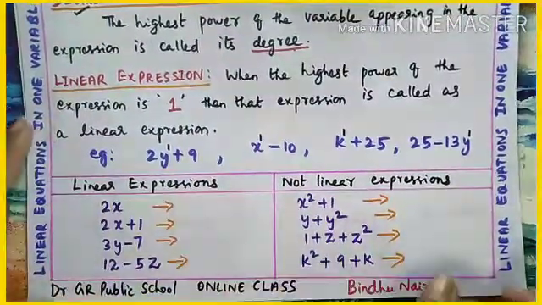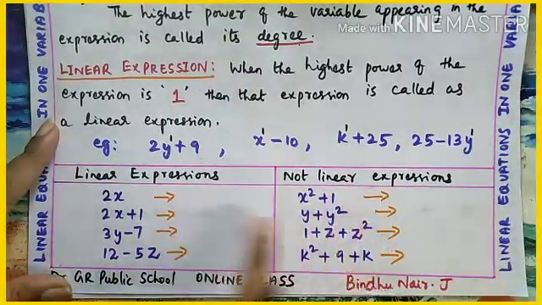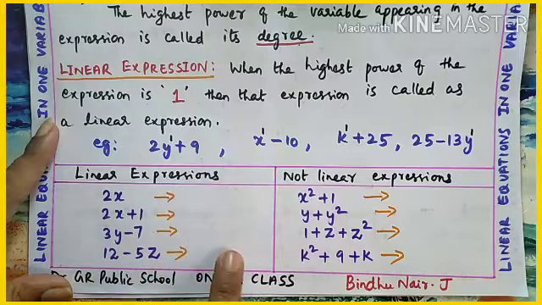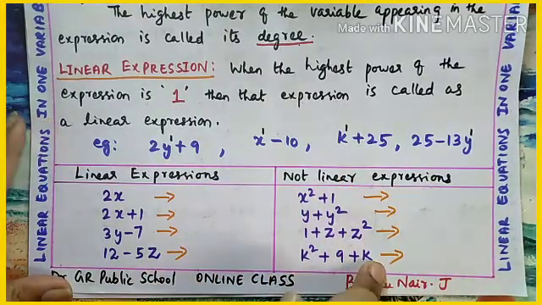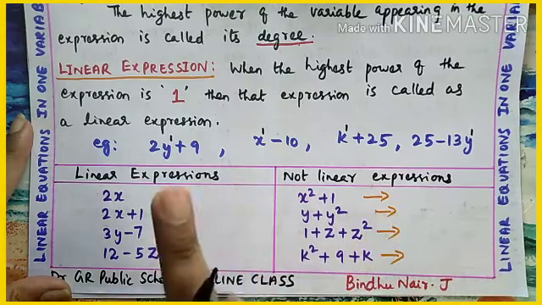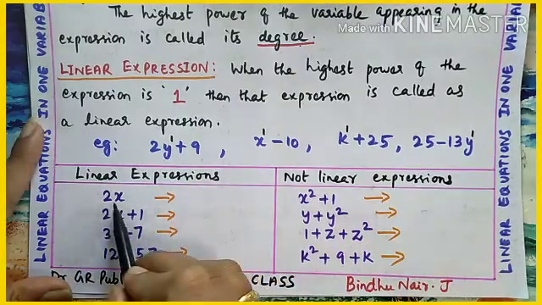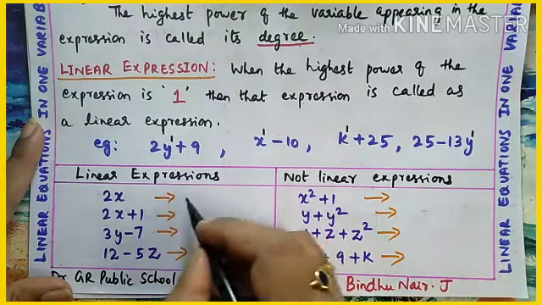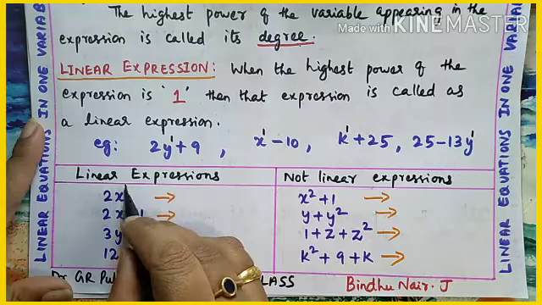Now, for your better understanding, I have written them in 2 categories: these are linear expressions and these are not linear expressions. Linear is related to power being 1. Now see this, 2x. It is an expression. What is the power? The power of x is 1, correct?